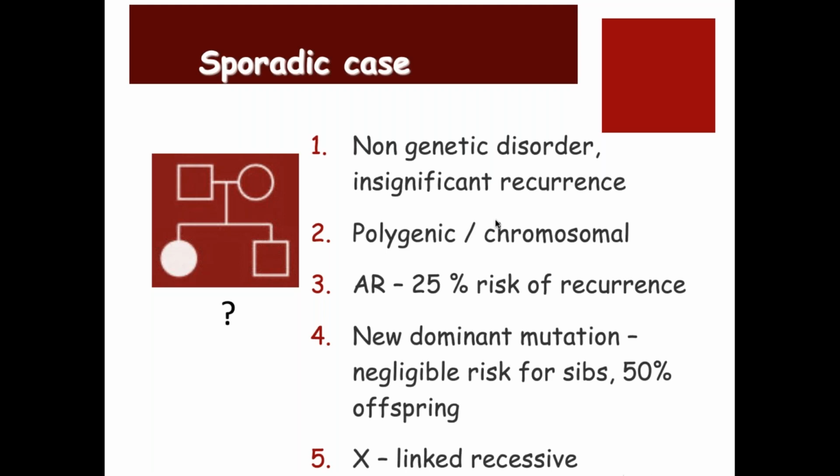So this fifth option is wrong. Any of the rest could be a sporadic case, and therefore, with a new dominant mutation, the chance of a baby being affected is 5% or 15% for polygenic, 25% for autosomal recessive, and 50% for autosomal dominant. So the highest risk is 50%.